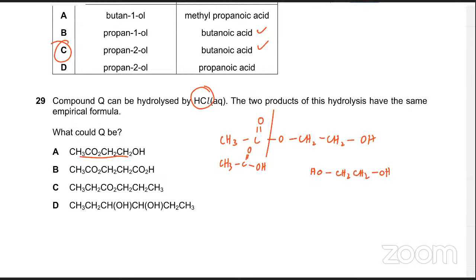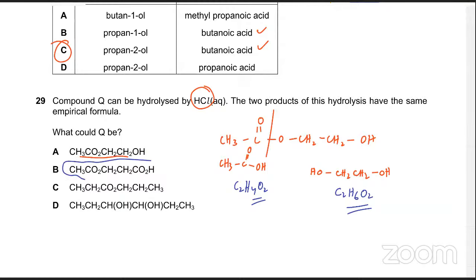He's talking about the empirical formula. In this case, it's C2H4O2. This one is again C2, but the H are 6, I think, and the O are 2. So they definitely don't have the same empirical formula.